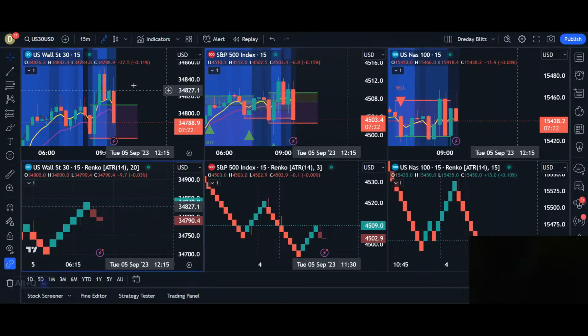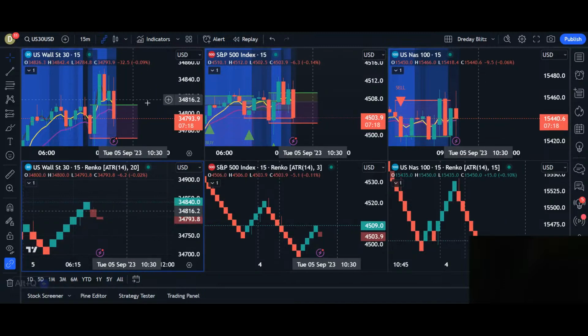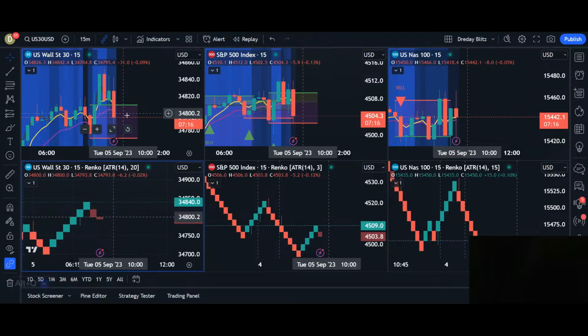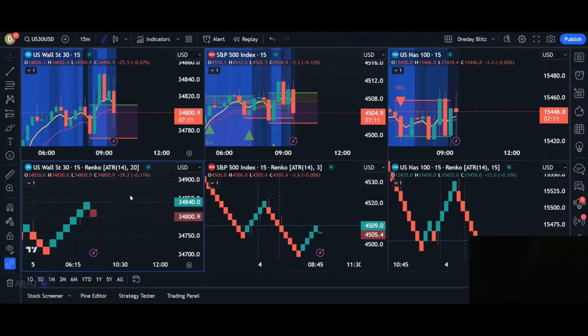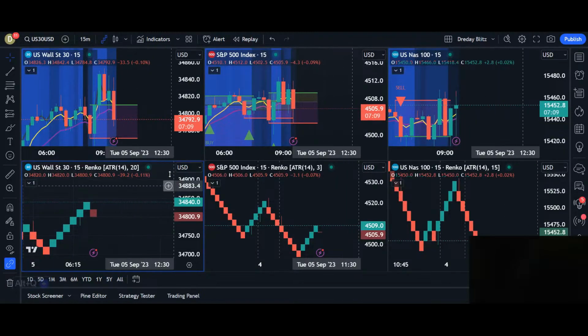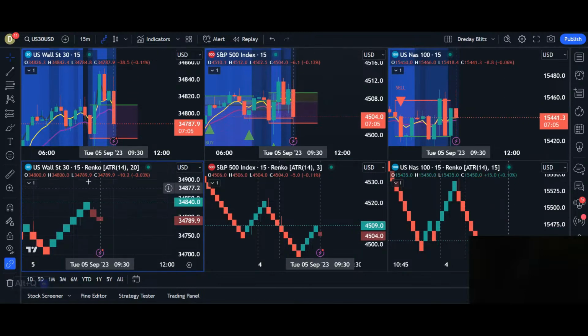And let's say I have an indication that it's going down, I could take the trade, and my stop loss would be put atop of the previous Renko bar, right here.